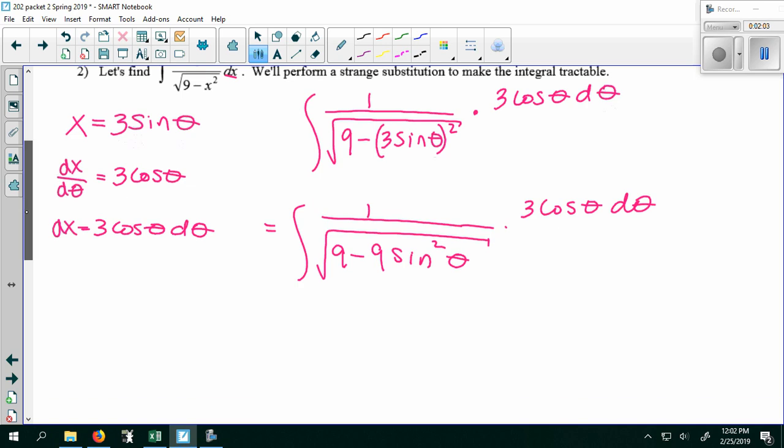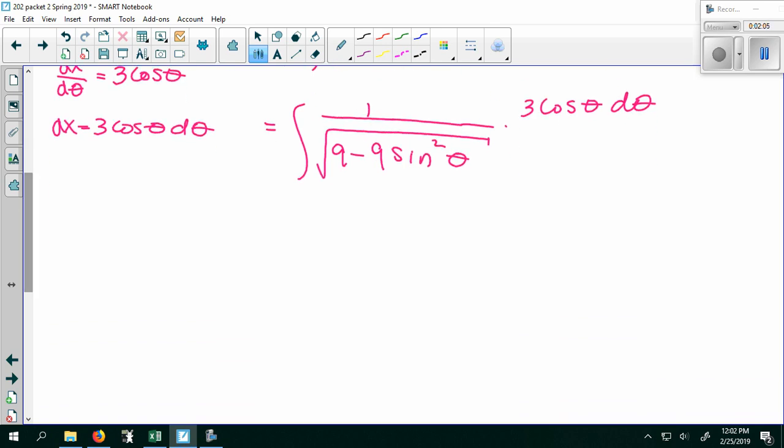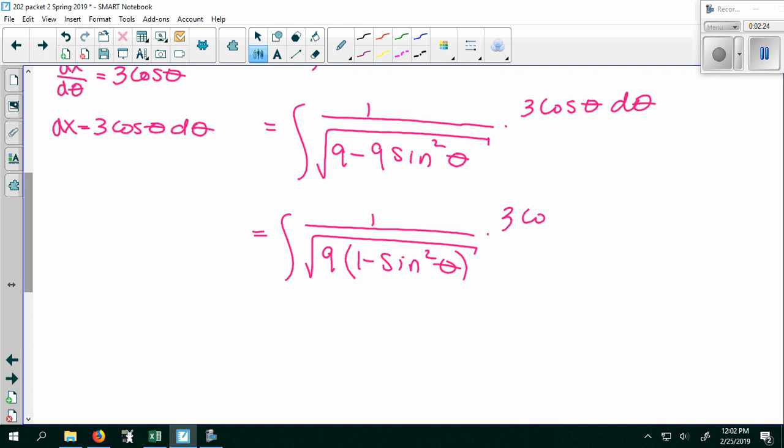Now under that radical, I have two terms, both of which have a 9 in them. So I'm going to factor out a 9. I have the integral of 1 over the square root of 9 times 1 minus sine squared theta, times 3 cosine theta d theta.